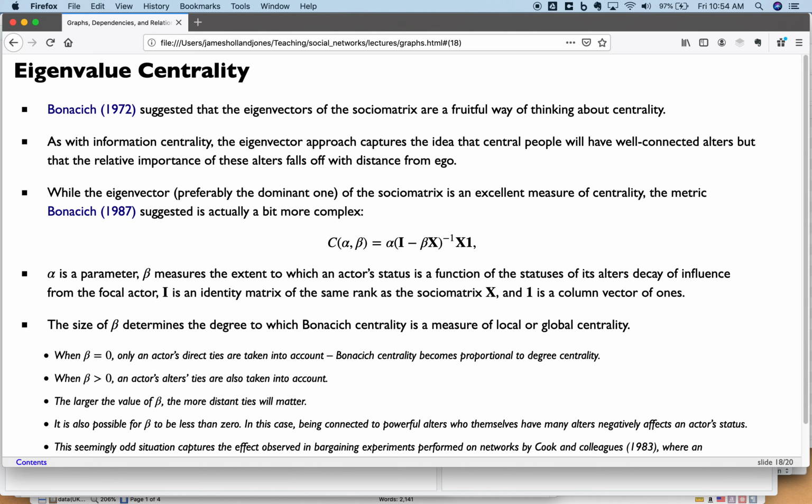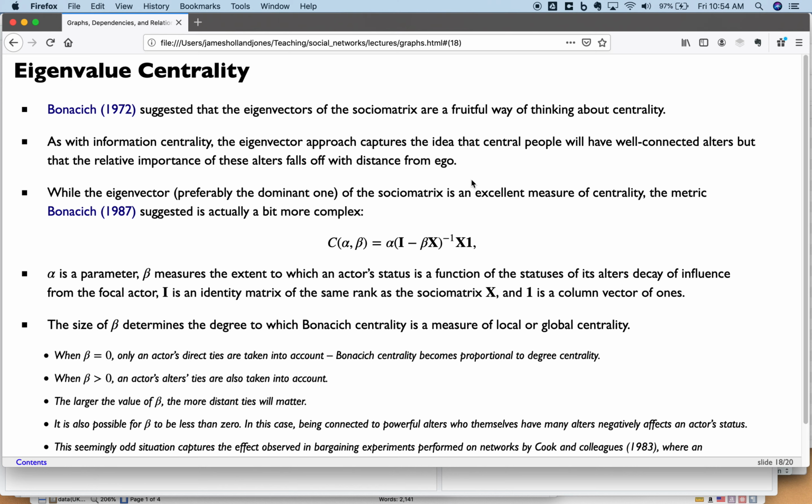There are two parameters, and this is derived just from the eigenvalues of the sociomatrix. There are two parameters, alpha and beta, and the key parameter here is beta. Alpha is sort of just a scaling factor. Beta measures the extent to which an actor's status is a function of the statuses of its alters and how that decays from the focal actor.